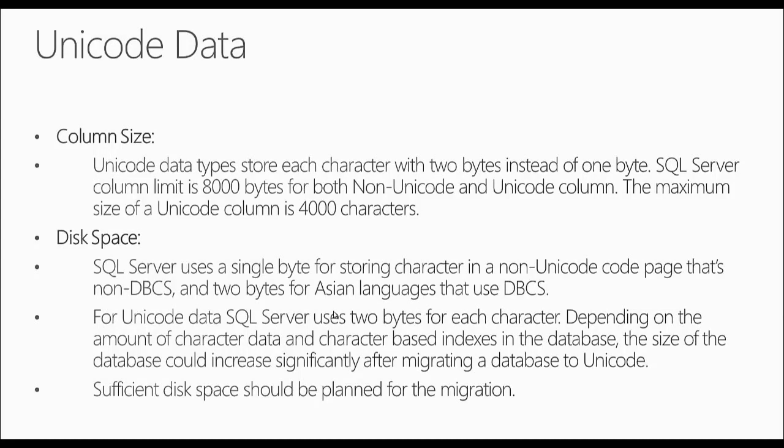Unicode data types store each character with 2 bytes instead of 1 byte. Hence, the SQL Server column limit is 8000 bytes for non-Unicode and Unicode columns. The maximum size of a Unicode column is thus 4000 characters, since each character takes 2 bytes.